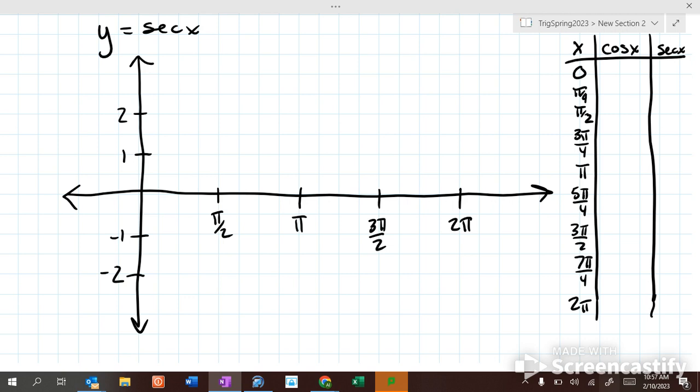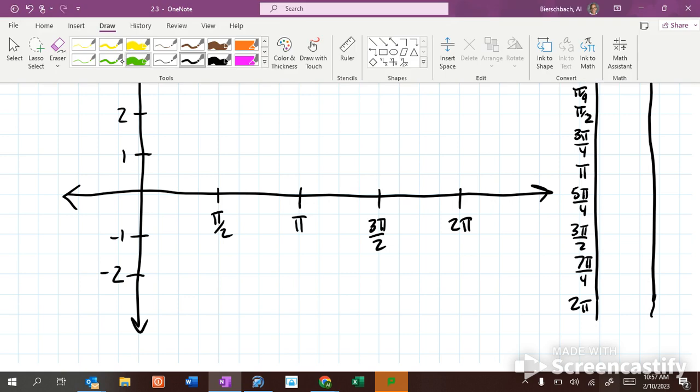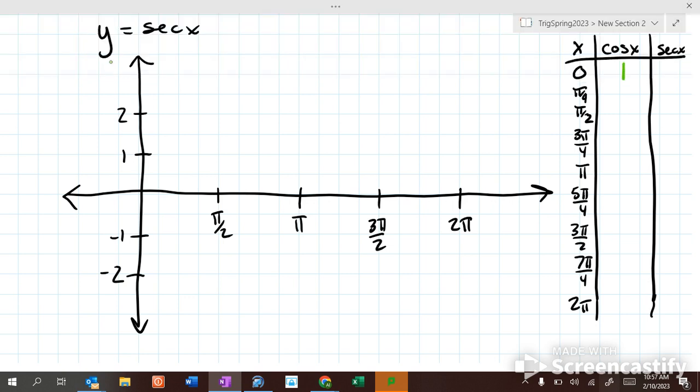What's cosine at 0 radians and 0 degrees? 1. So I'm going to do cosine in green. So cosine is 1 there. What's cosine of pi over 4? Square root of 2 over 2.